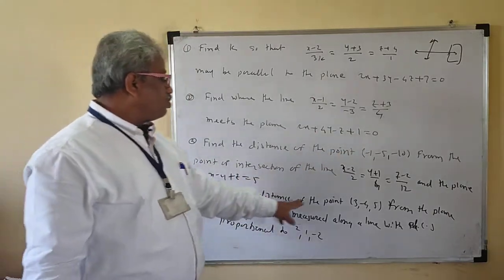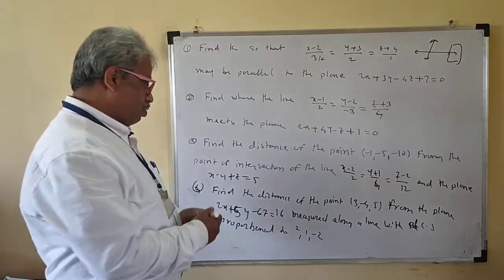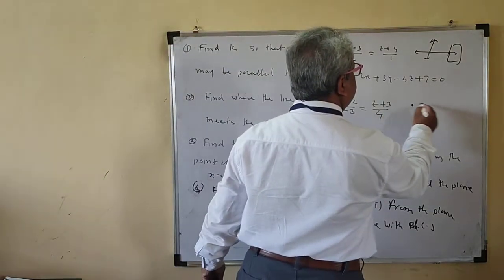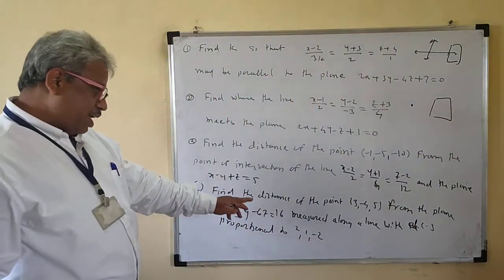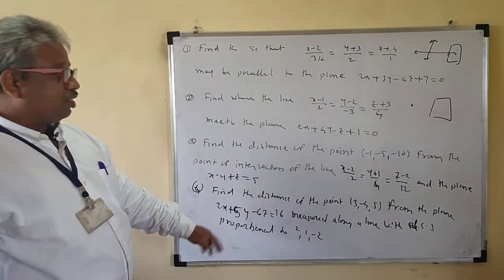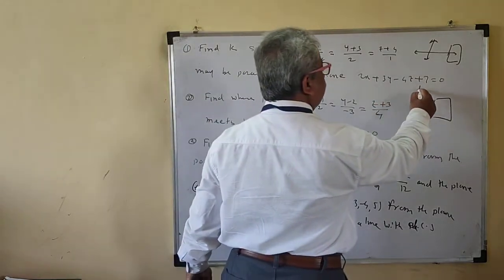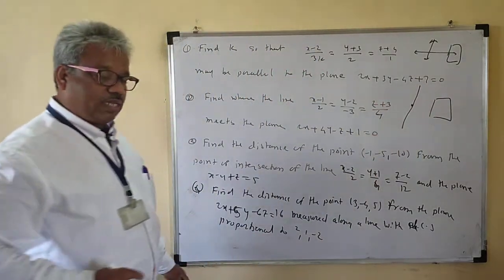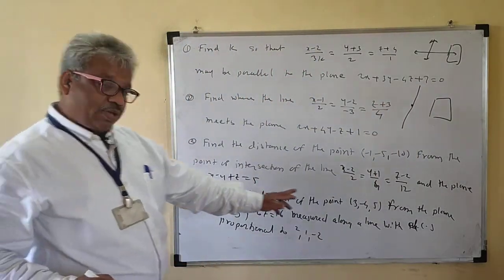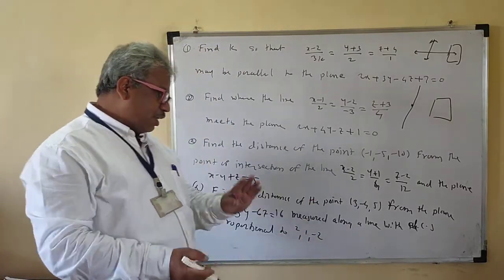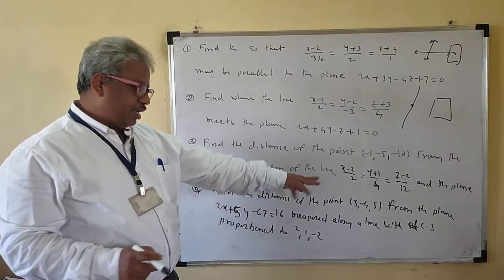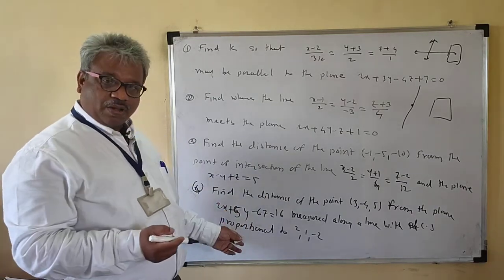Find the distance of the point from the plane. Your P is here and your plane is here. Measure along the line with the given direction ratios. So you have to find the equation of the line passing through this point and having these DRs, then find the point of intersection, and then find the distance. We did this problem here.